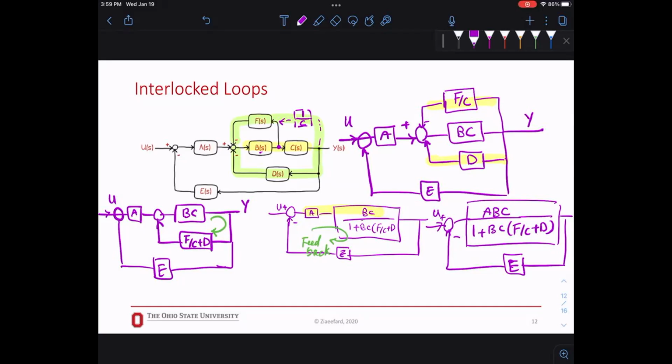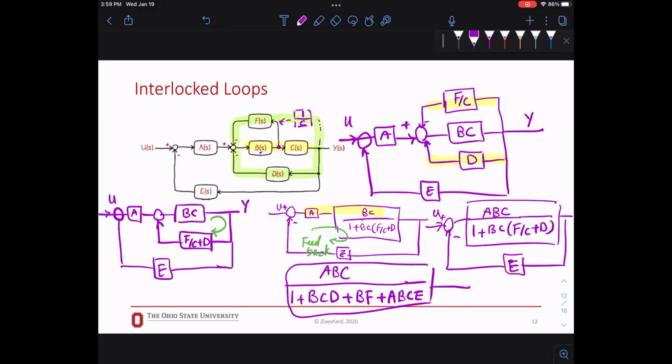Now, I'm gonna cheat and give you the shorter version, but in the exam, you have to do that last part, and if you didn't simplify, it's okay, all right? BF plus A, B, C, E. So that's your gigantic block. Y over U, you're done. That's the end of it, all right? There are different ways of solving, but you will have to end up with the same transfer function. All right?